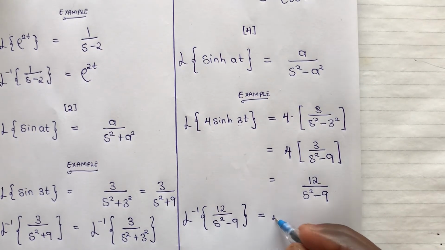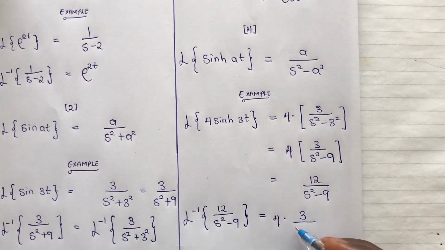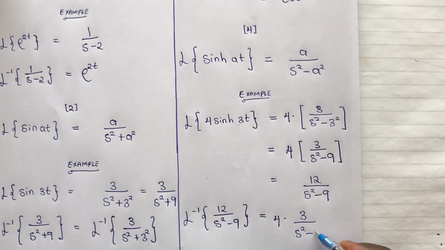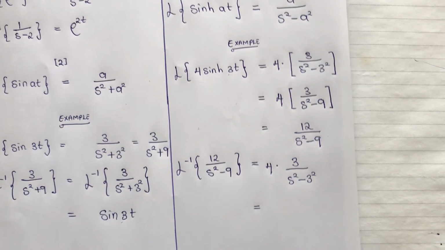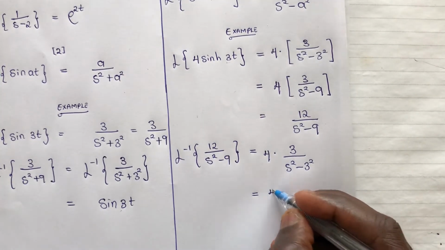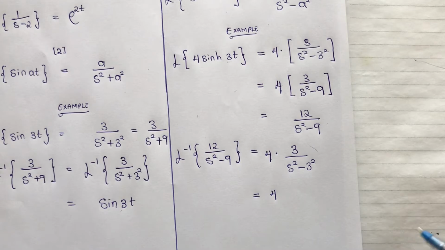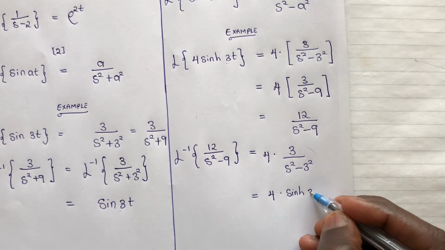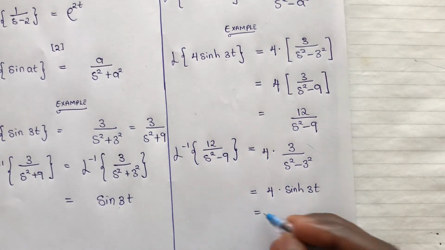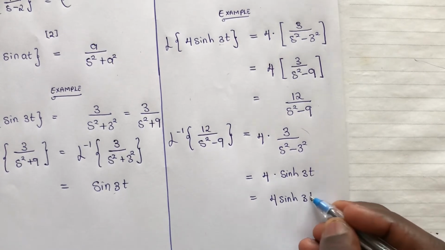So this will give us 4 times 3 over s squared minus 3 squared. And once you continue this, the result becomes 4 times, because you know this one is sinh 3t, so 4 times sinh 3t, giving you 4 sinh 3t.